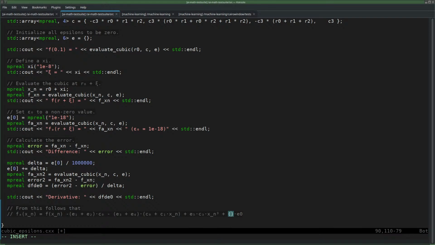Do I have it here? I'm going to reload this page and see what happens. Yeah, it works.